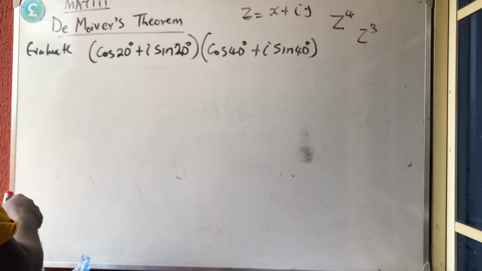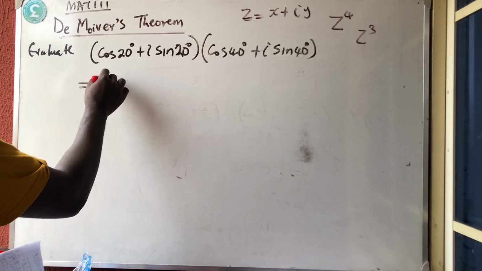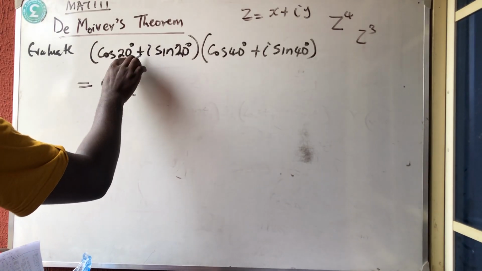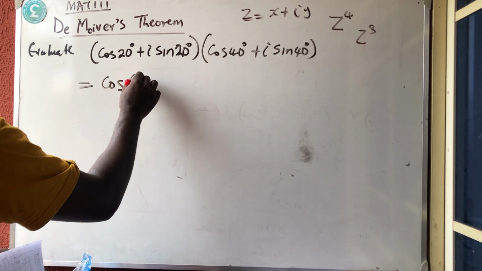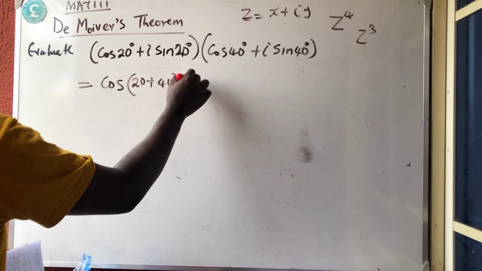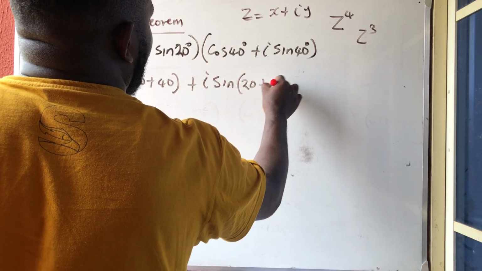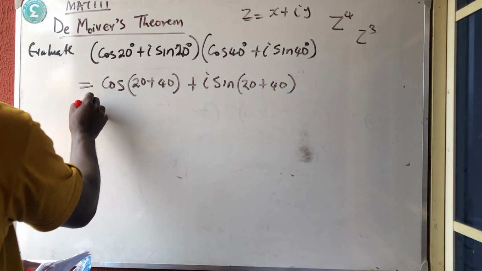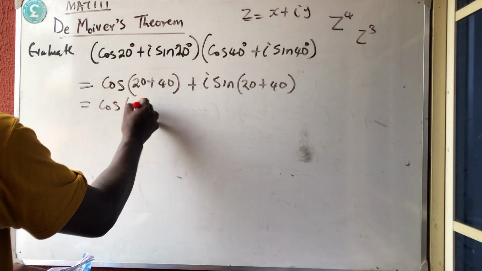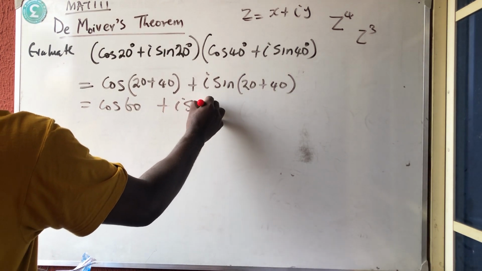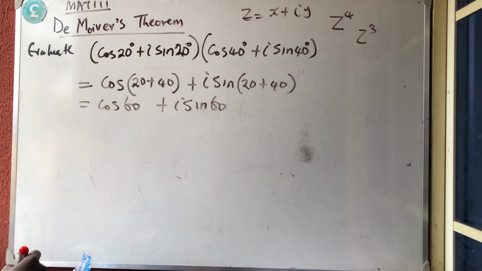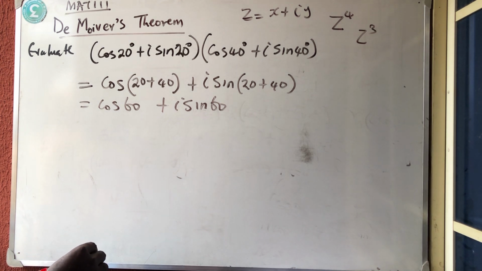So this is equal to cos, you will not say cos times cos, you say 20 plus 40, plus i sine 20 plus 40. So what do we have? We now have cos 60 plus i sine 60. And according to the special angles, cos 60 is a half.